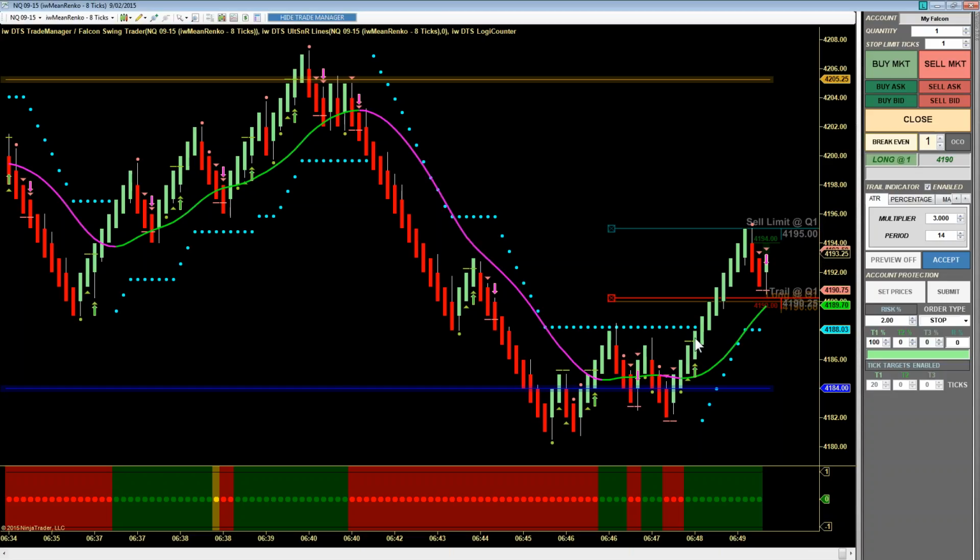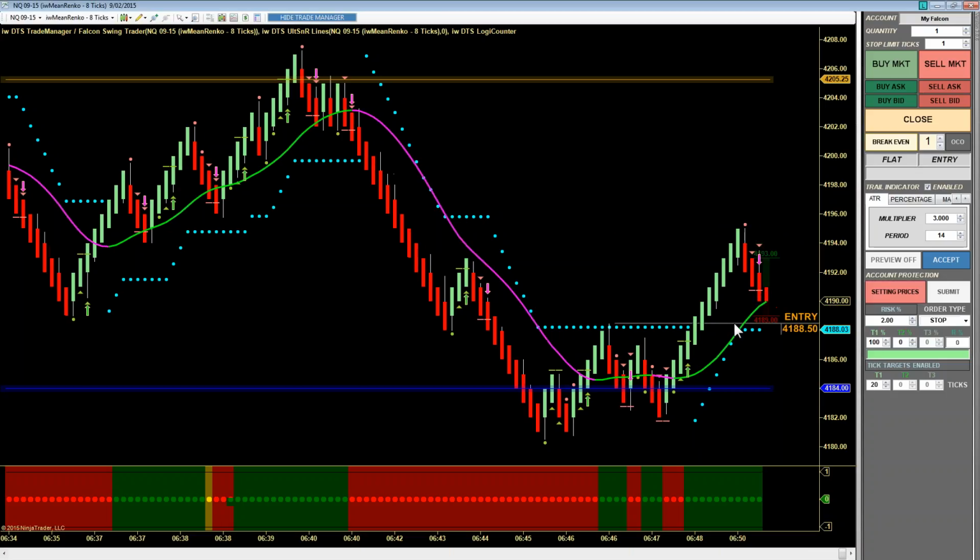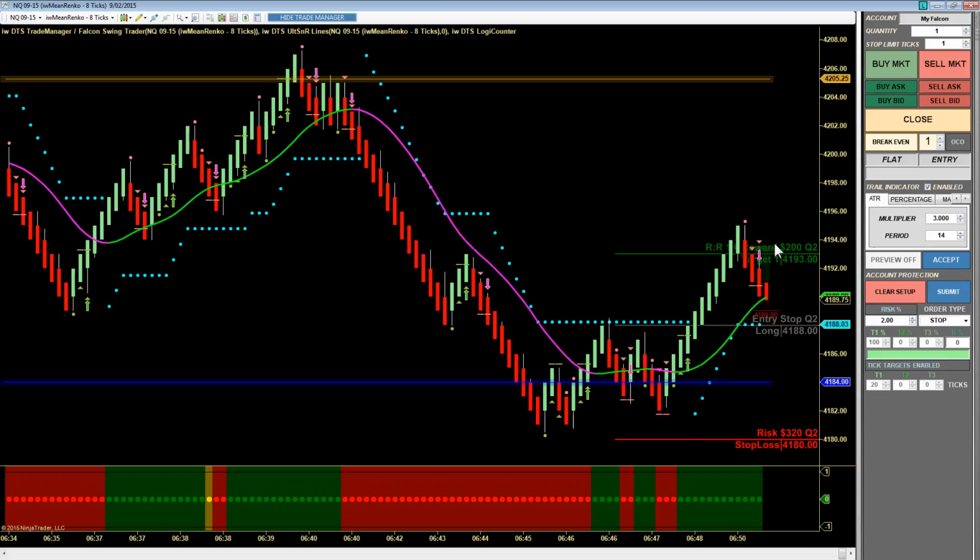The hash mark is our suggested entry point, and I was a little bit slow on the trigger. Had I gotten in where I intended, you can see we would have hit our high probability target.